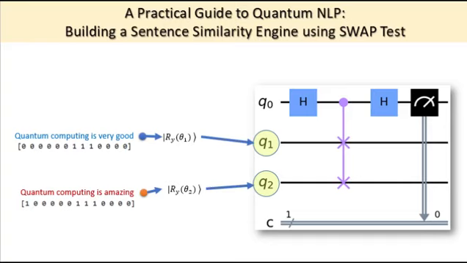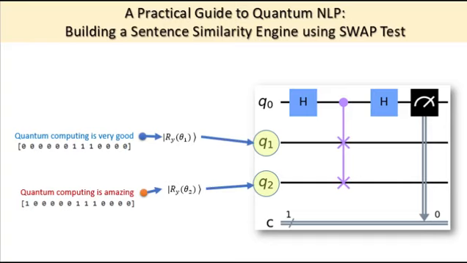This means that quantum devices aren't just number crunchers. They can genuinely participate in language understanding tasks. Even on simulators, we see how quantum interference patterns reveal semantic closeness. Which sentences share concepts? Which ones differ? And how strongly they relate.